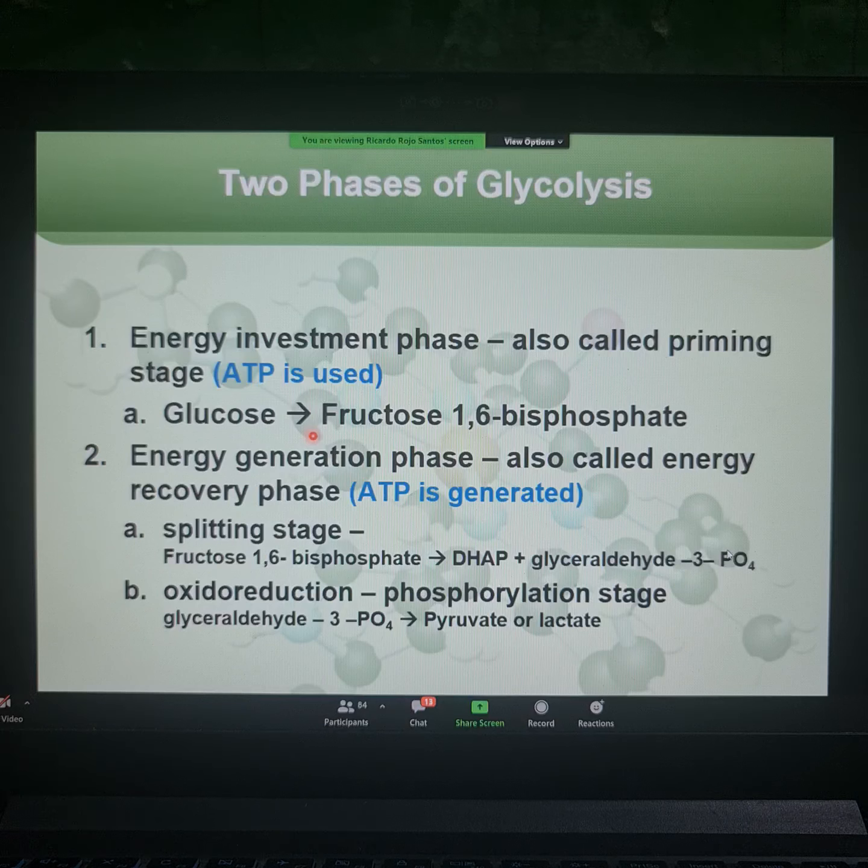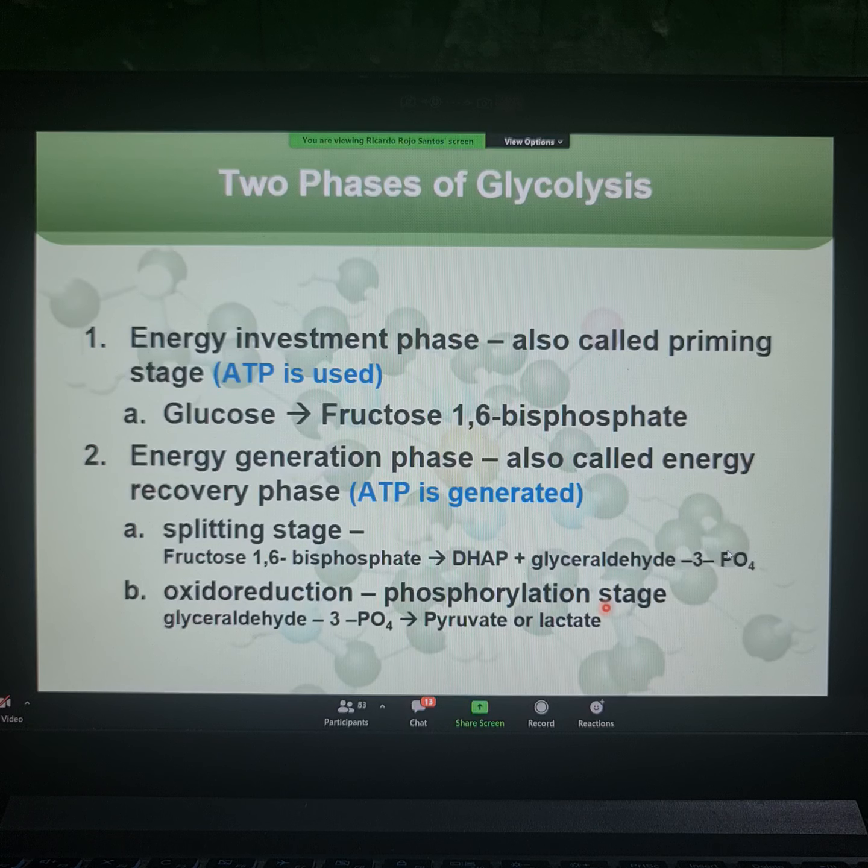Second, the energy generation phase, also called the energy recovery phase, wherein ATP is generated. And there are two reactions involved here, the splitting stage. And it is very important to remember this. Very, very important. Why?